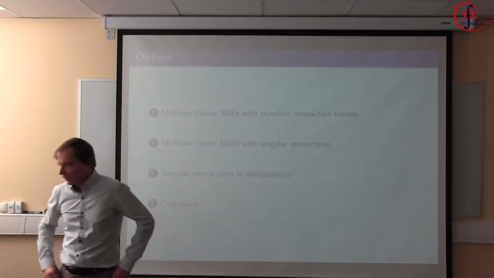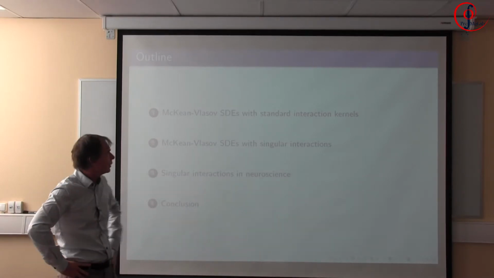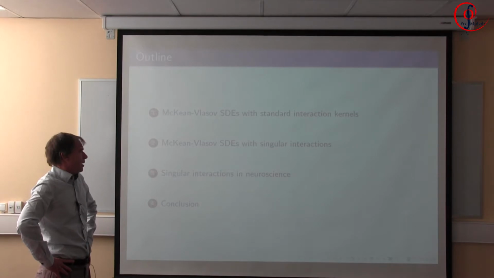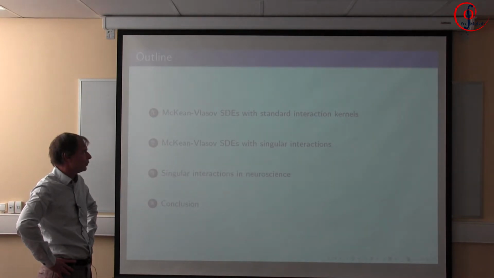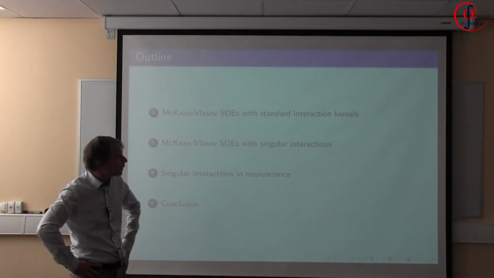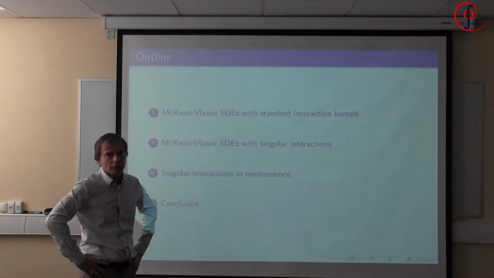I will start with the standard interaction kernels. So that's a standard theory, let's say, and then I will switch to examples of new models where singular interactions are absolutely necessary.